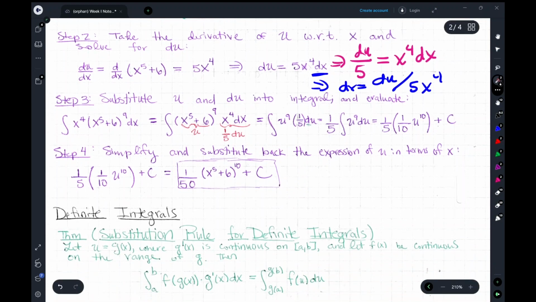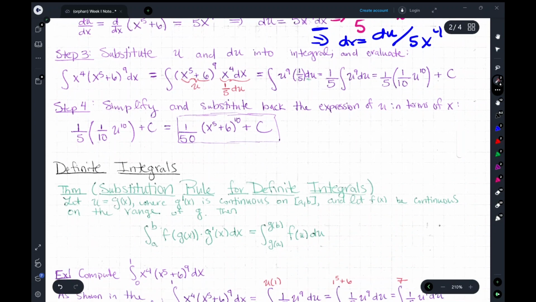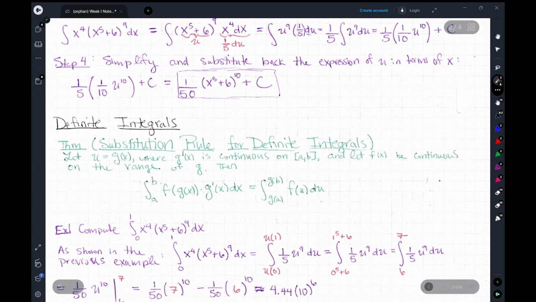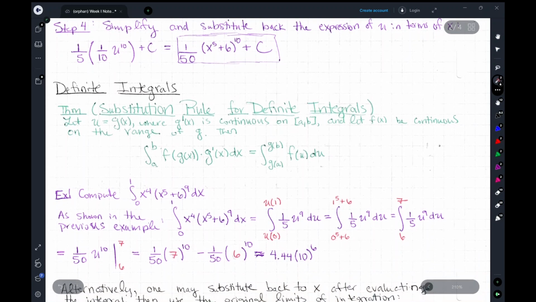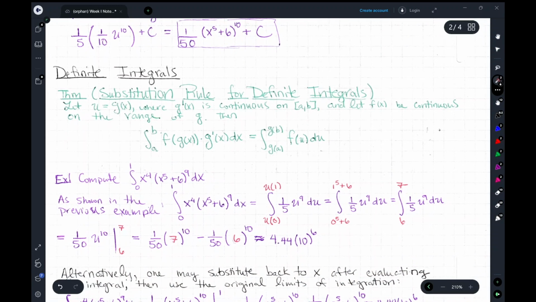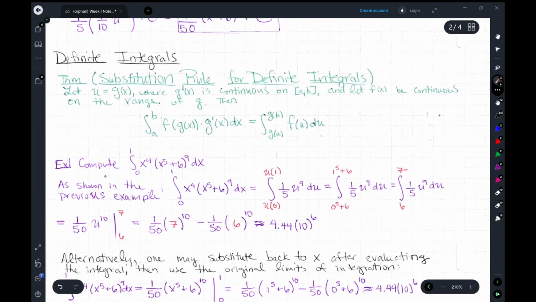Let's now take a look at definite integrals. Okay, so before we were looking at indefinite integrals, so we didn't have bounds, and now we do. So the rule looks similar to above, except now our bounds must change. Okay, so if we're going to integrate with respect to u, we got to change the bounds, and we got to substitute the bounds into the expression for u. Okay, just pretty straightforward. So we want to compute this integral. Now this is a definite integral.